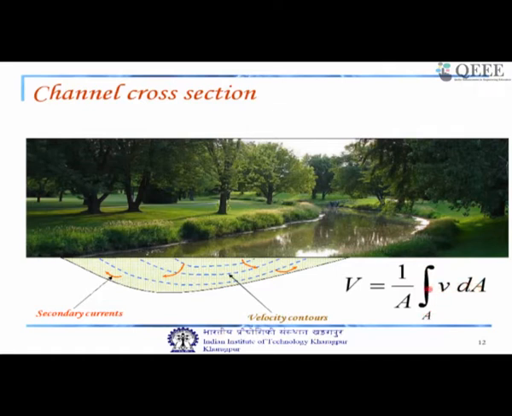This is the average velocity in a particular section, A is the sectional area, and V corresponds to each elemental sectional area. If we integrate this, we can get the average velocity.